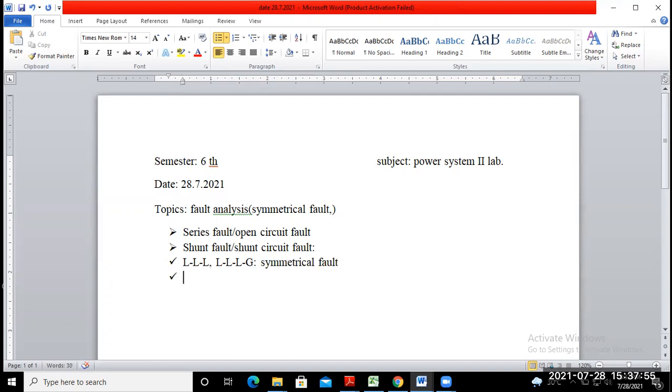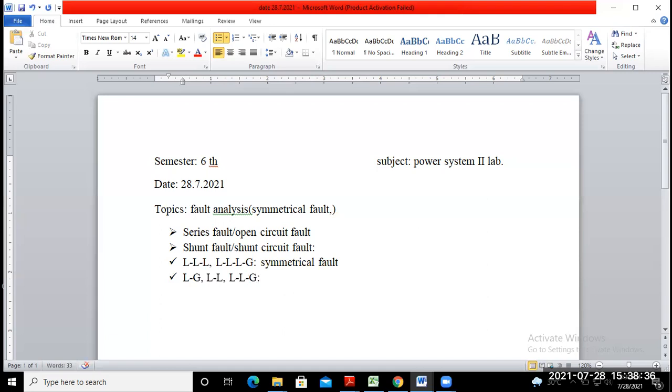And next one is either line to ground fault, line to line fault, or double line to ground fault.